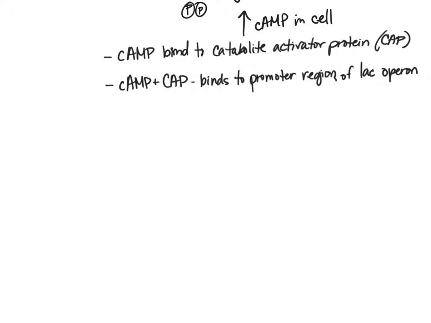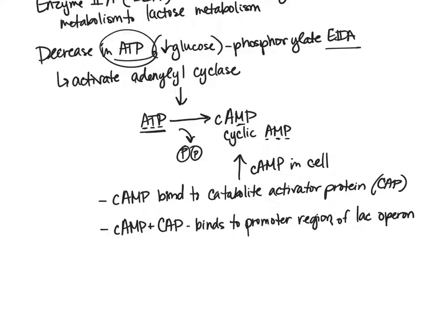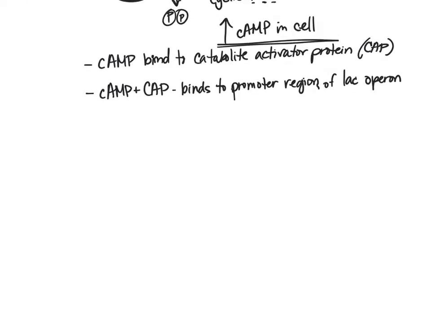So if we are low in glucose, we can see this happen, right? So if we have a decrease in glucose, therefore a decrease in ATP, then we phosphorylate, add a phosphate group to E2A. Adding that phosphate group to E2A activates Adenylyl Cyclase. Adenylyl Cyclase is then going to take whatever ATP is left and convert it into cAMP. High levels of cAMP are now in the cell, which means that there's a greater chance that it will bind to something.